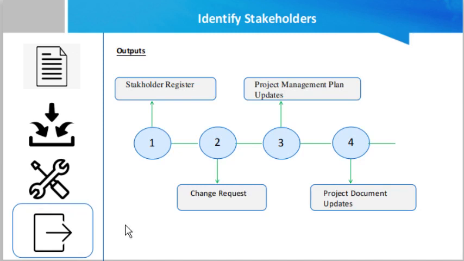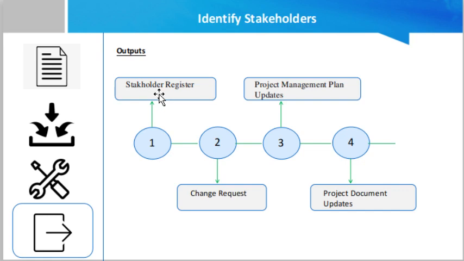Then the output. We have discussed the input, we have discussed the tools. Now the output of the identify stakeholders process. First one is the stakeholder register. Stakeholder register, just think of this as a Microsoft Word document, or you can say an Excel document. Being a project manager, you have to make the stakeholder register.